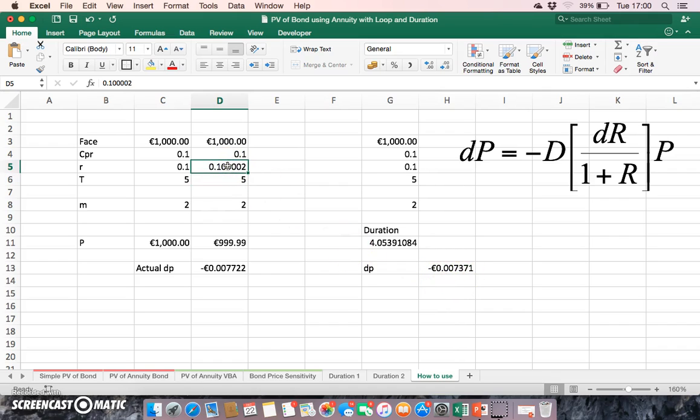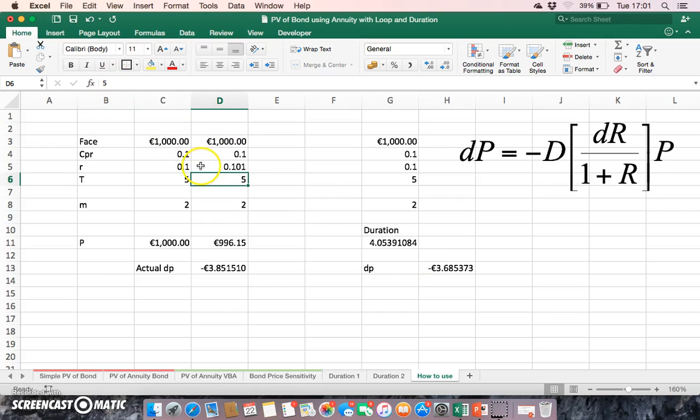Okay, so for large changes in interest rates, duration tends to be less accurate, right? So if we increase by 2%, or if we increase the interest rate by 1 basis point, the difference between the true fall in the bond price and that predicted by duration tends to diminish somewhat.